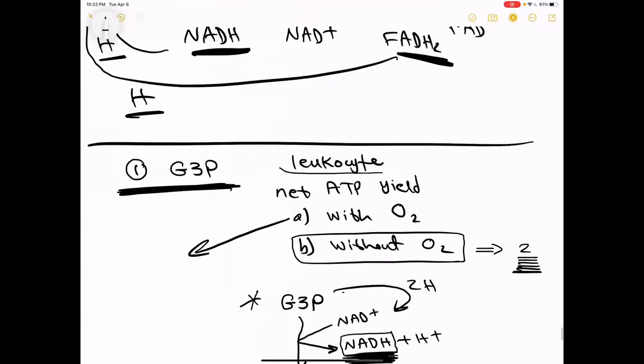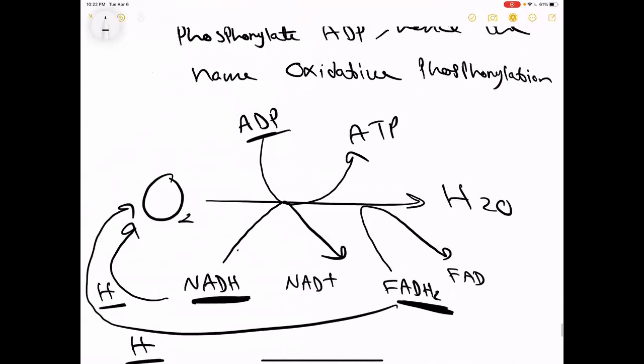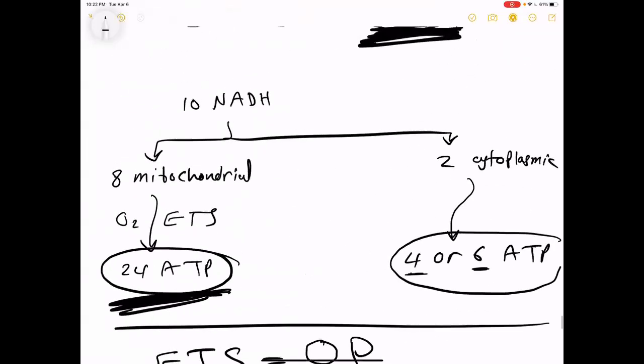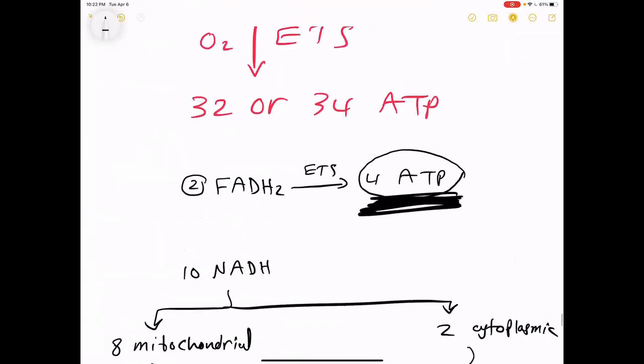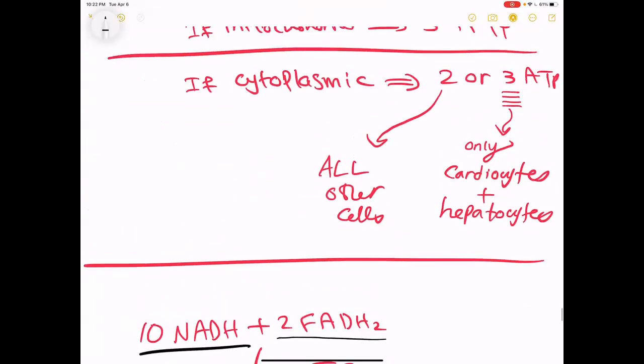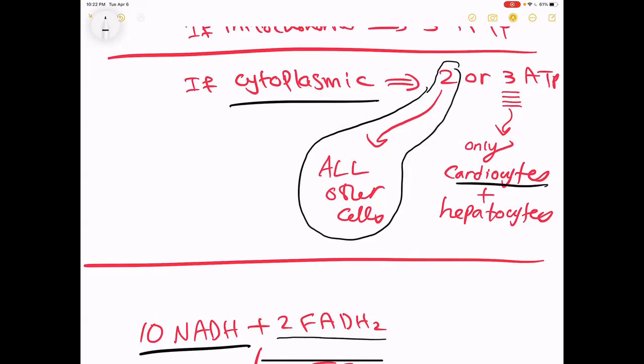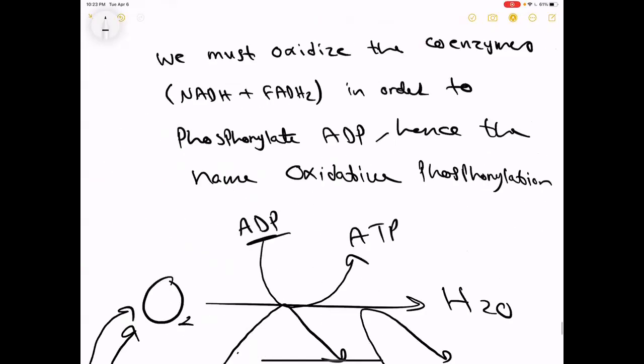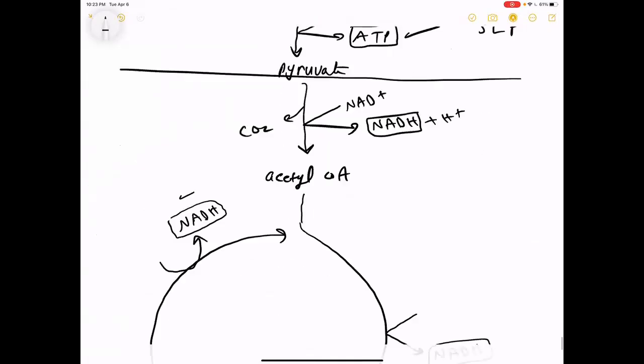Well, it's not a cardiocyte, and it's not a hepatocyte. Then it's going to be cashed into 2. I said here the cytoplasmic NADH will be cashed into 2 if it's not a cardiocyte or hepatocyte. Okay, so let's continue.